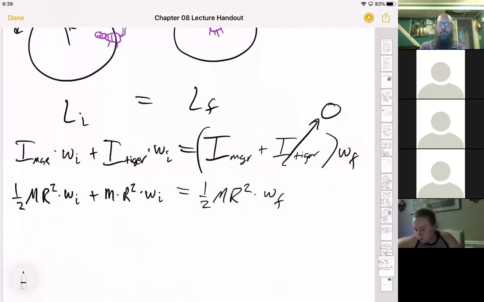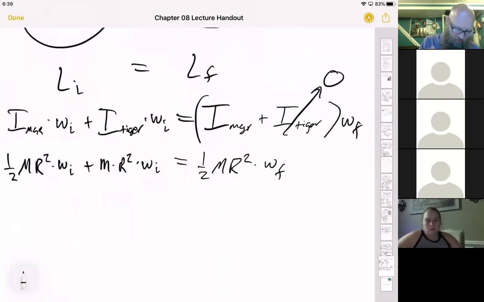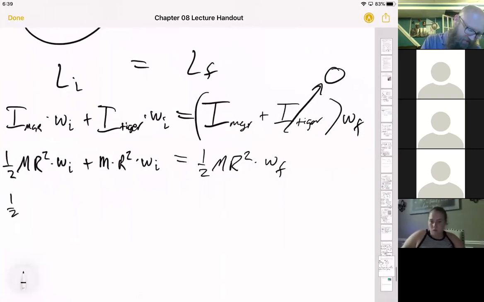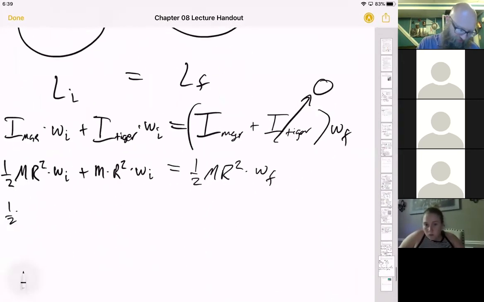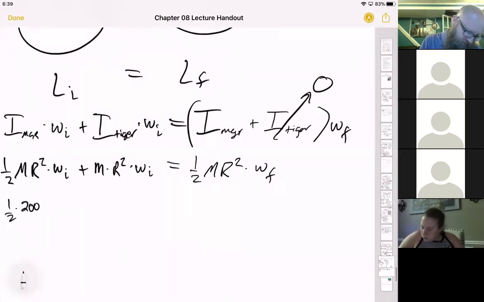So yeah, L initial equals L final. I'm just plugging in I omega for each thing and adding them together. And then I has a definition for each of these guys. So then I'm just going to plug in some numbers. So I've got half times 200 kilograms times r squared.